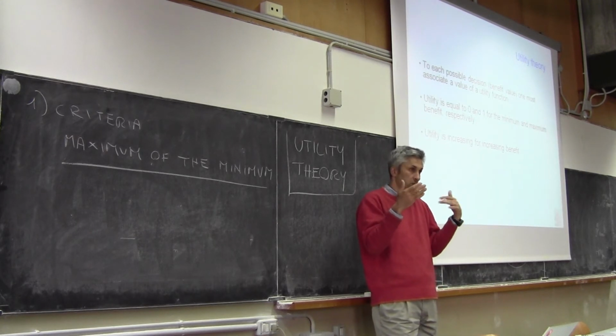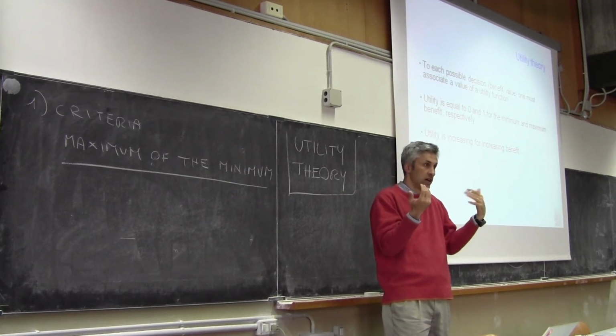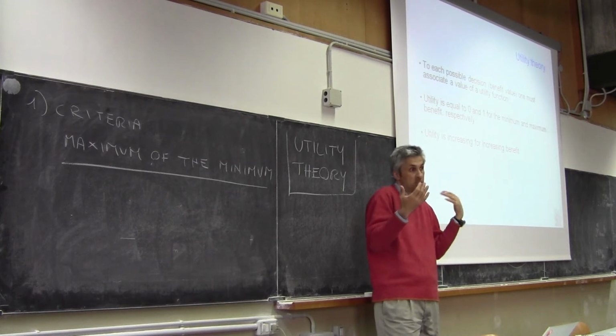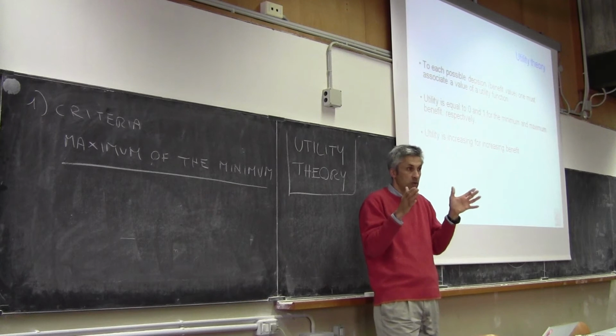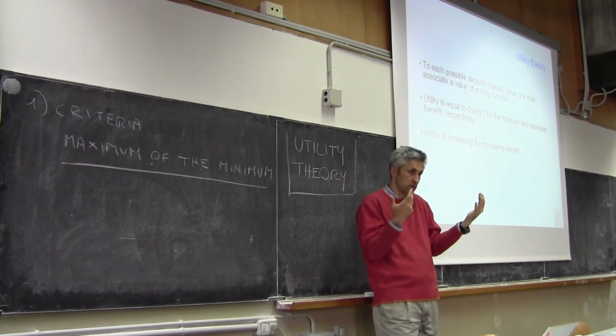And therefore, depending on the value that it assumes, we must quantify the utility of a decision. Like the allocation of 38 in the present case, in the previous case, I have to assign a utility. Utility means a measure of how much I like this decision.